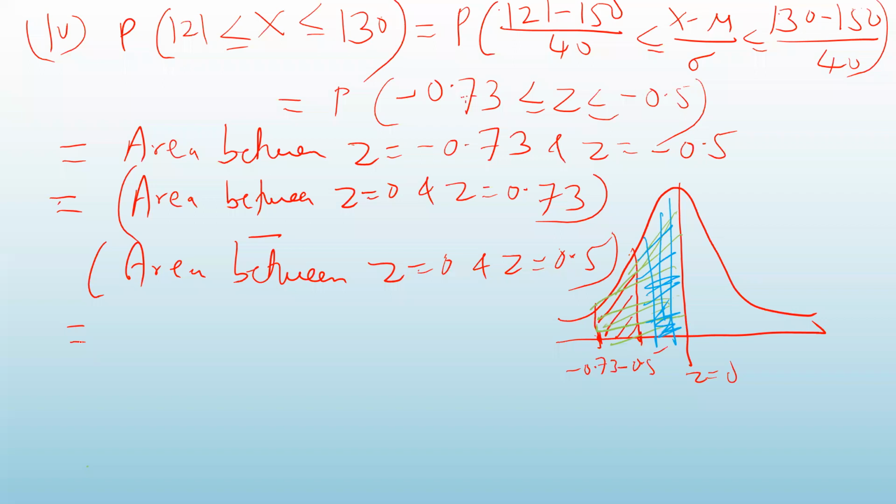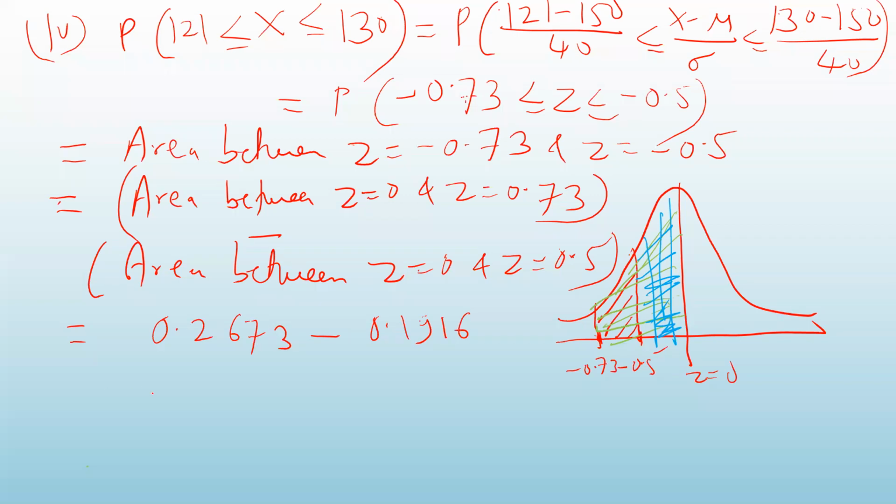0.73. It is 0.2673. This area is 0.2673 and between 0 and 0.5 it is 0.1916. Correct.